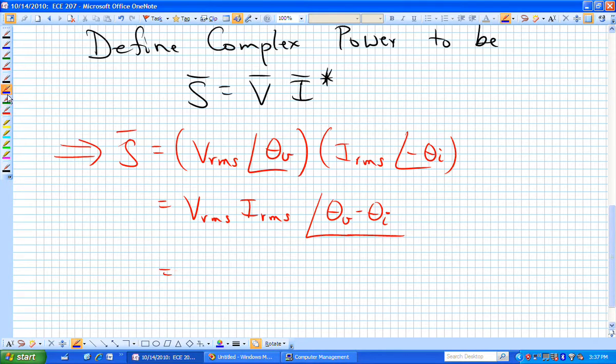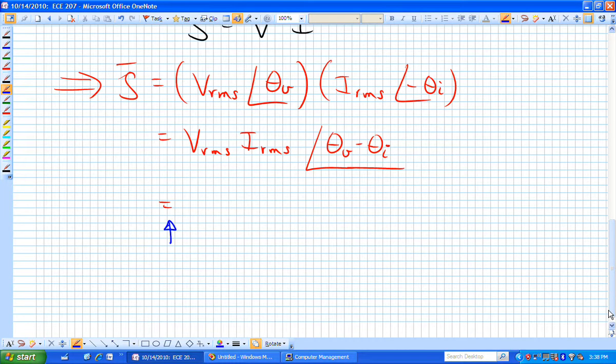If we go a little bit beyond this phasor notation and invoke Euler, that angle symbol actually expands into an e to the j at that angle. That's really the shorthand notation that we've indicated right there.